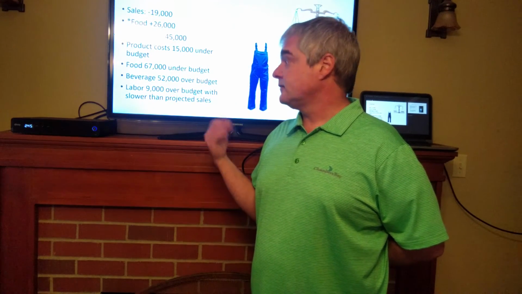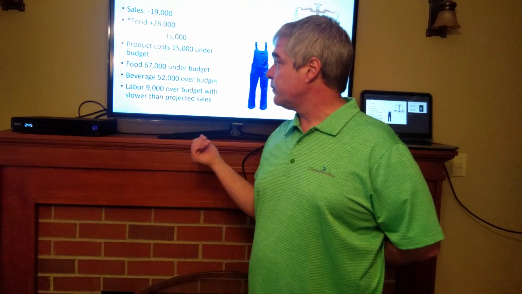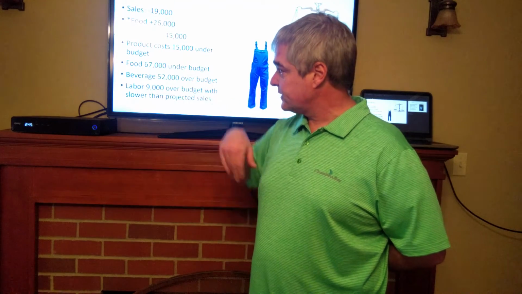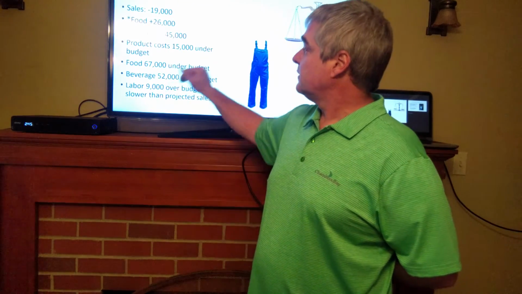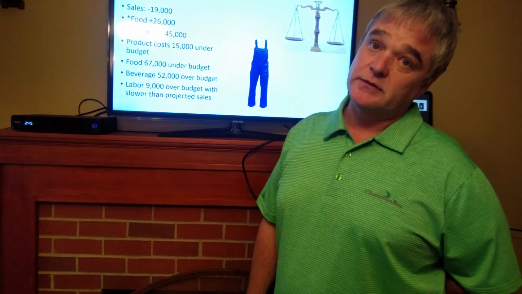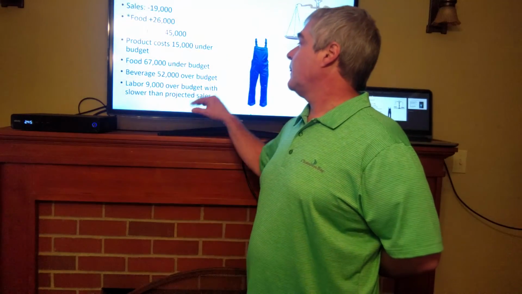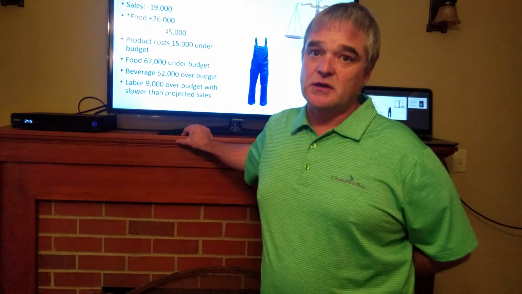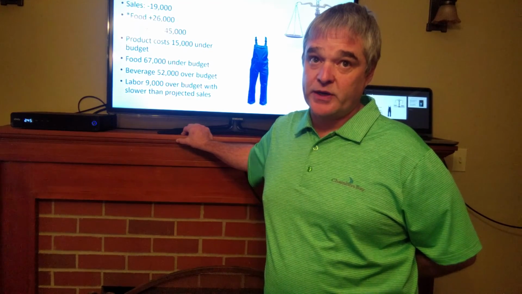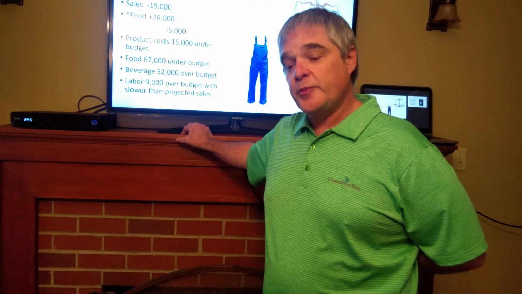Product cost is under $15,000 under budget. Like I say, the food is 67 under, but 52 over in beverage. If it was just even, wow, that would look really good. Labor, $9,000 over. So somehow we got to streamline the labor, come up with a smoother workflow, or better training.